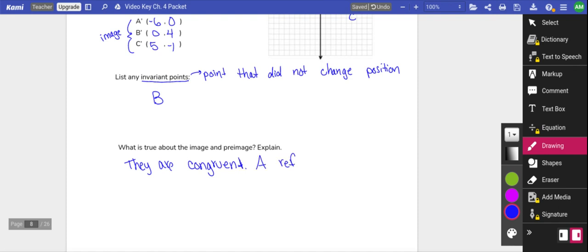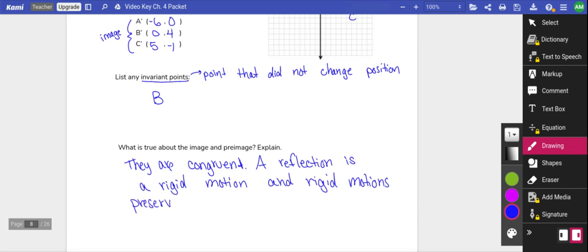It's because a reflection is a rigid motion, and rigid motions preserve distance and angle measure.